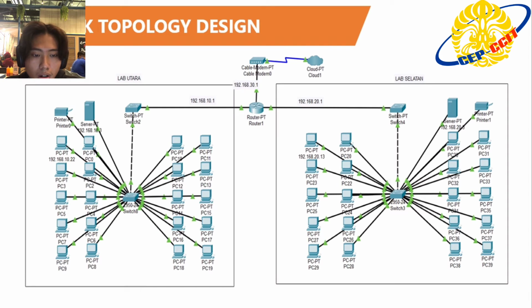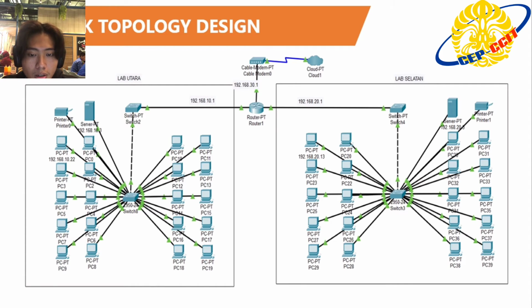And then this slide is a continuation of the network topology on the previous slide: the topology between the North Lab and the South Lab. The topology used is a star topology, generally using a hub or switch for connection between clients.